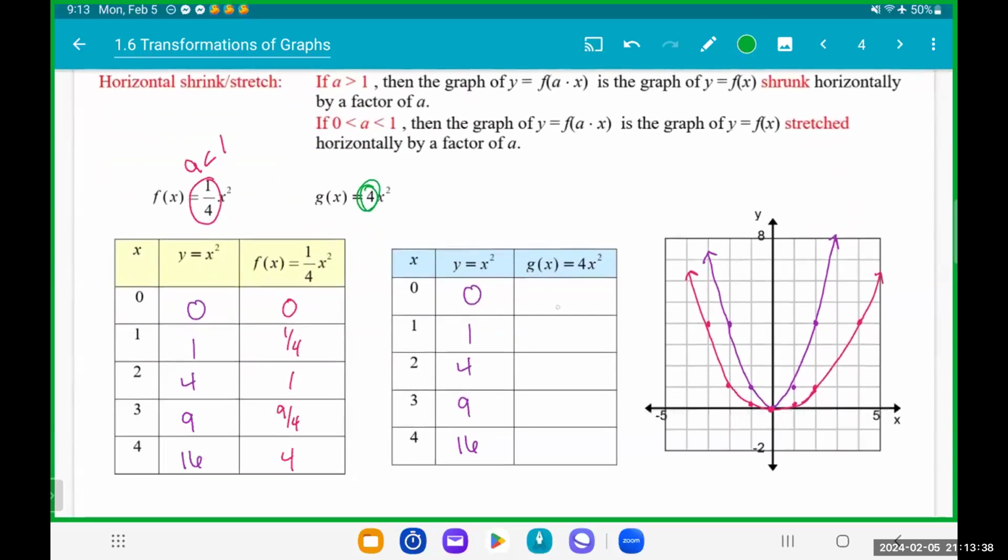So that's 0, 4, 16, 36, 64. When we put those in, we're still here at 0, 0. At 1, we're all the way up here at 4. And at 2, we're all the way off the charts up here at 16. So we're going to come in something like this. You could see that we're much more stretched.